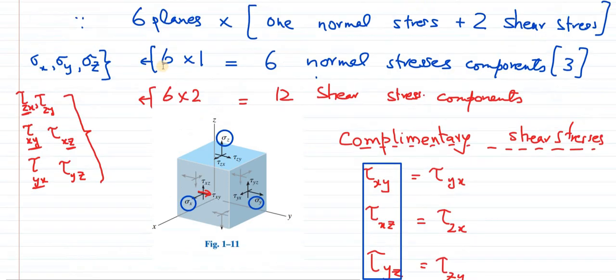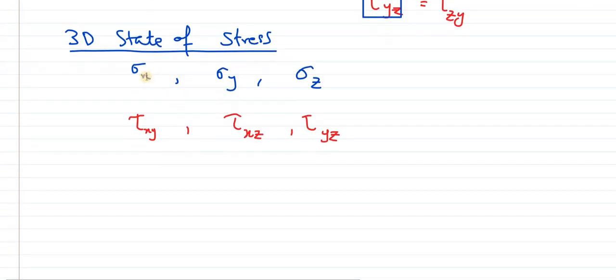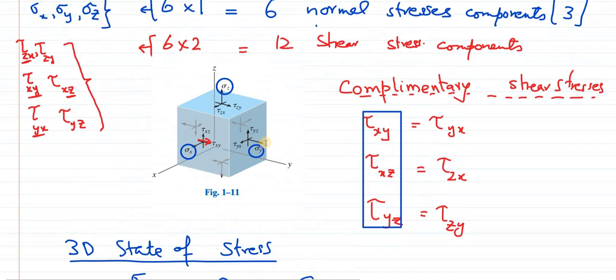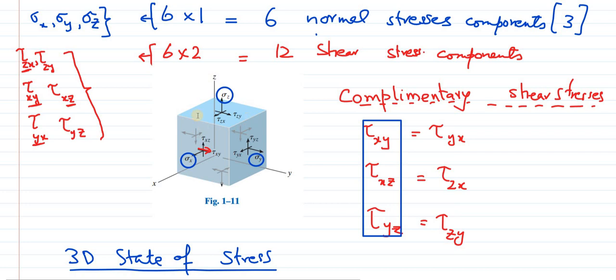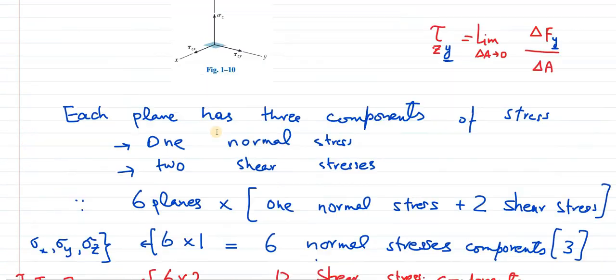In total, we have, as discussed, 6 plus 12 components, and then we discussed we have 3 plus 6, and then we discussed that we actually need to know these 3 plus 3 normal stress components and 3 shear stress components, and the state of stress at that point will be completely defined. It will be uniquely defined. All right.